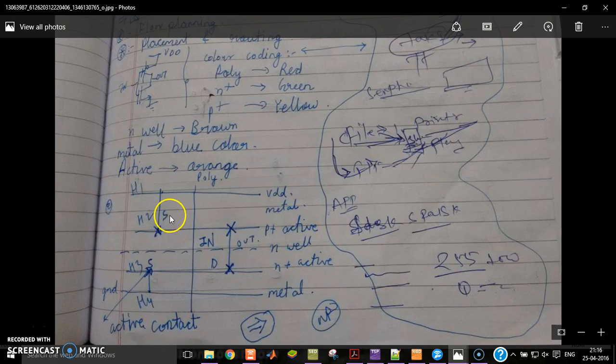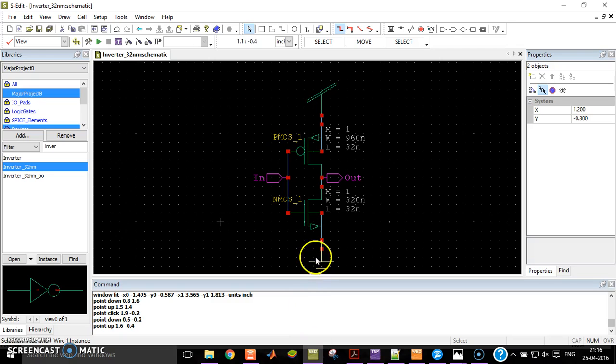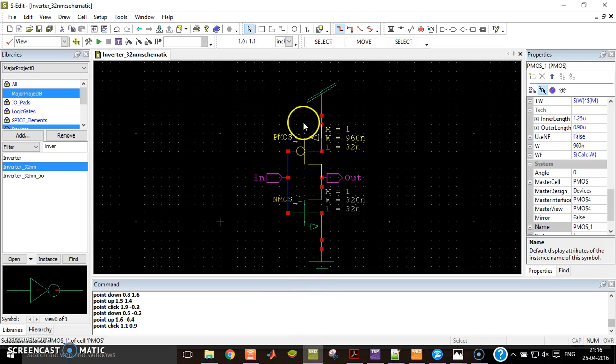The source of PMOS is connected to VDD, and this cross is denoting the connection between a metal and P plus active. And the source of this NMOS is connected to ground. So this cross again denotes the connection between this metal and N plus active. So the source of this PMOS is connected to VDD and NMOS is connected to ground.